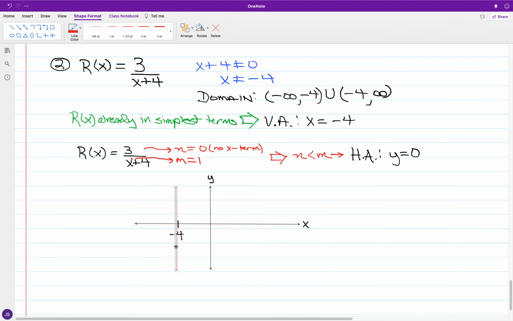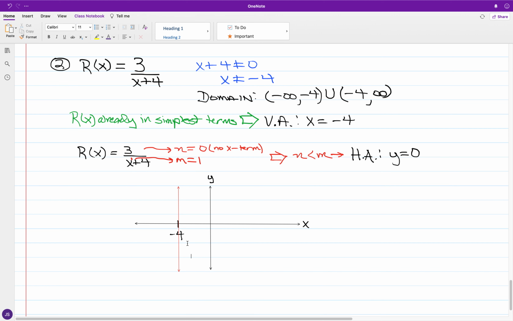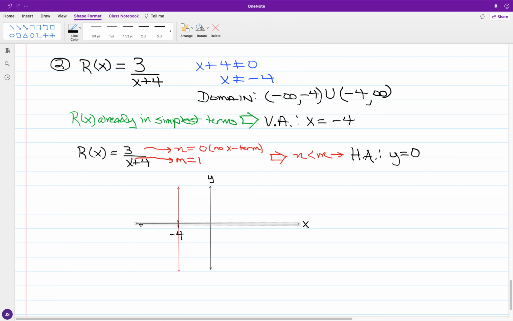Okay, so you have a vertical asymptote x is equal to negative 4, and y is equal to 0. So that is going to be the x-axis. Okay, so you have y is equal to 0 at the x-axis.